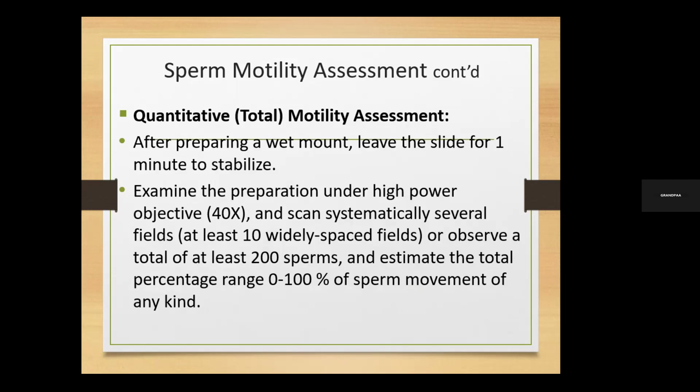The quantitative. So you prepare a wet mount, not the wave motion one. The wave motion, remember we said that one you don't apply a coverslip. With the motility one, it can also be the same one that you use in your initial wet mount preparation.